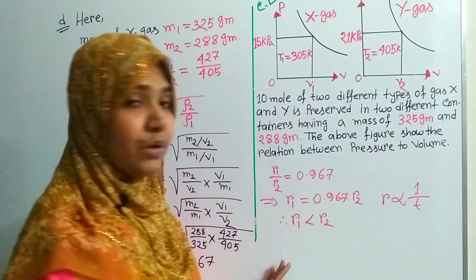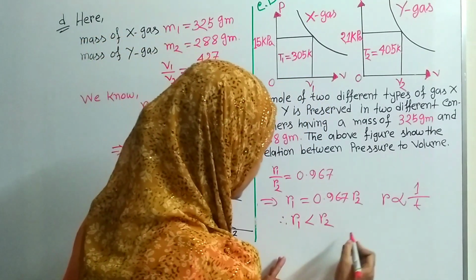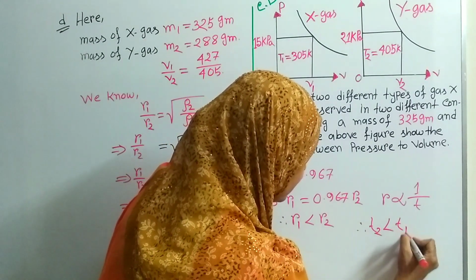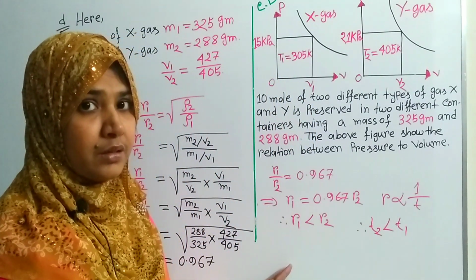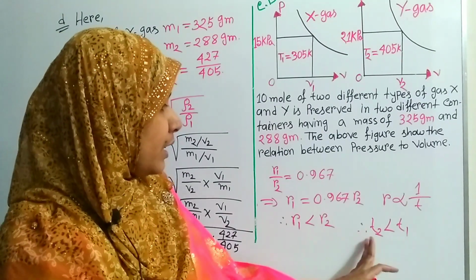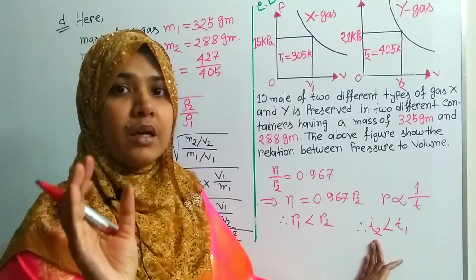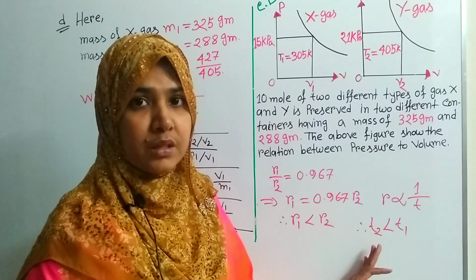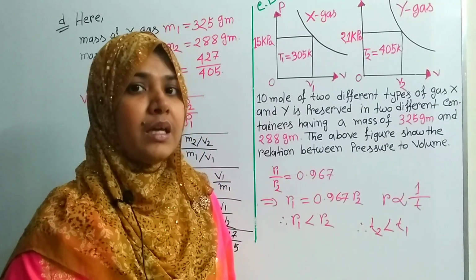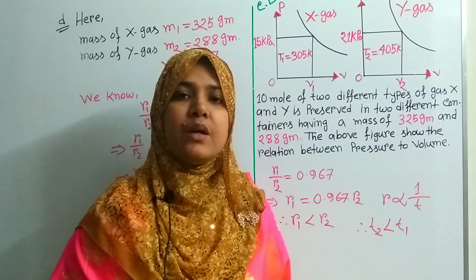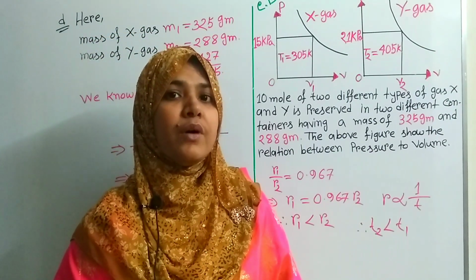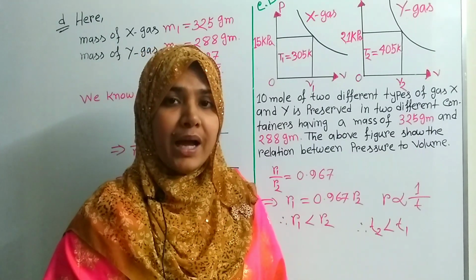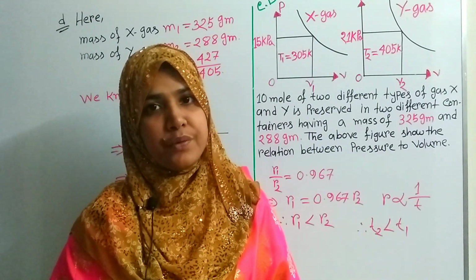So we can say that T2 is less than T1. That means the Y gas will take less time to diffuse. So we can say that if we keep both containers open, then the gas of Y container, or the gas Y, will empty first.